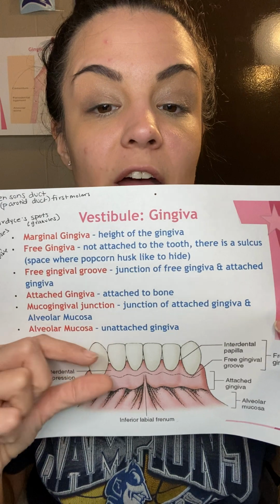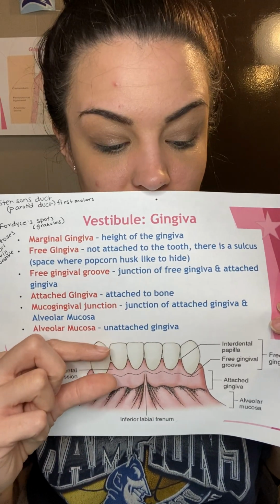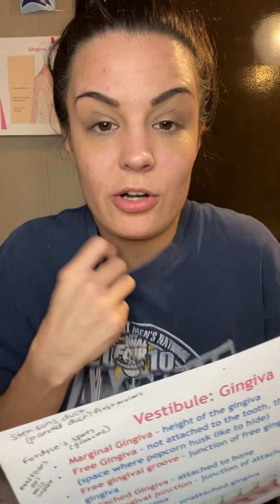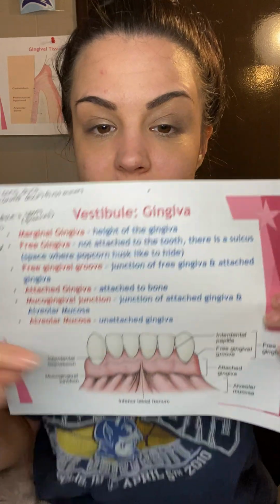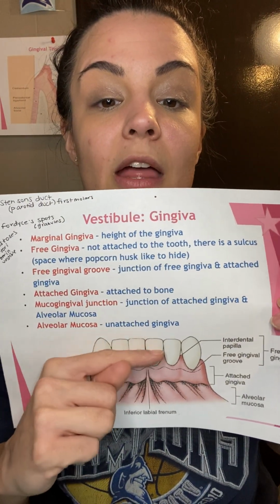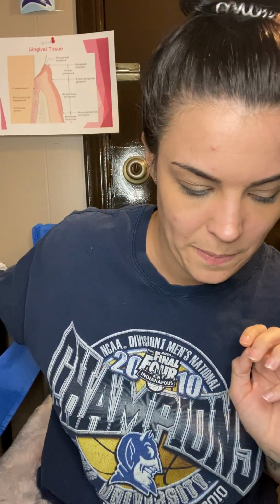Well, free gingiva is from that free gingival groove up to the gingival margin, right? All of that should be free gingiva. It's the turtleneck, right? All that is our free. So from the free gingival groove to the gingival margin, and that is our free gingiva boundary, right? We know this. That's easy.